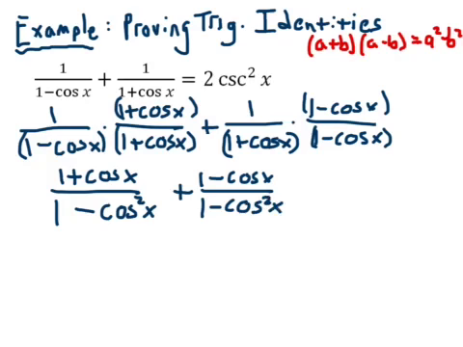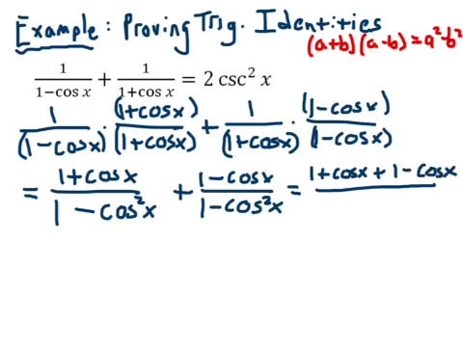And so we have our common denominator. So the top expression equals this. We have 1 plus cosine x, plus 1 minus cosine x. And in the denominator, we have 1 minus cosine squared of x.